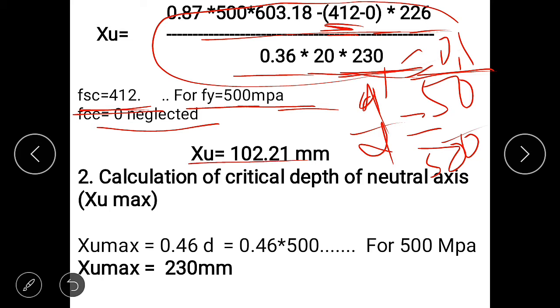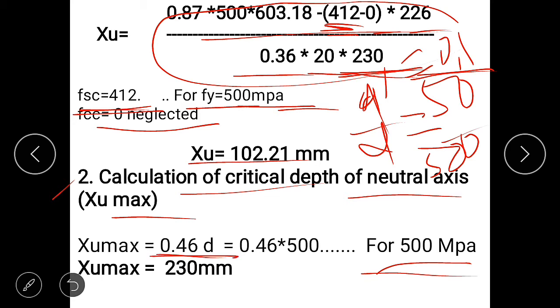Now second step, calculation of critical depth of neutral axis, means Xu max. Xu max is 0.46D. Why do we take 0.46D? Also I gave one table in part 1 for Xu max value. For steel grade 500, the Xu max value is 0.46D.